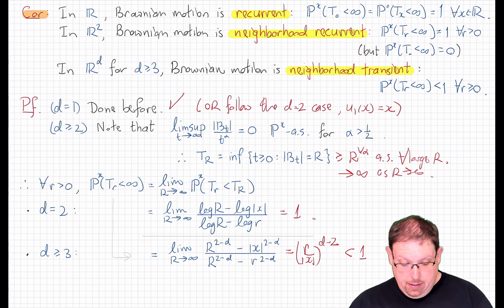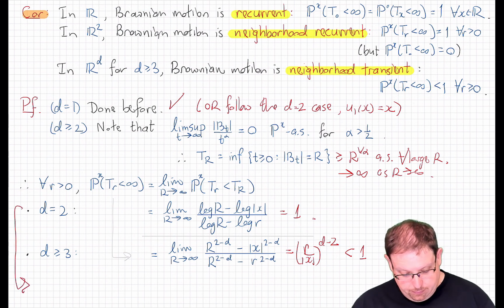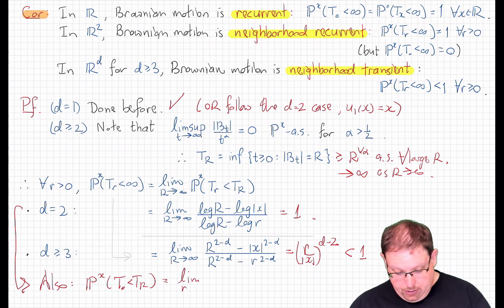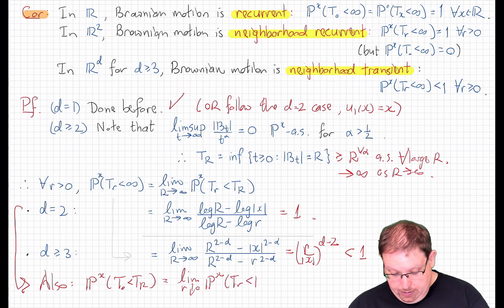And finally, in the case d equals 2, to see that we actually get transience there, we note that the probability that the hitting time of 0 is less than the hitting time of R is the limit as r goes down to 0 of the probability that T_r is less than T_R.